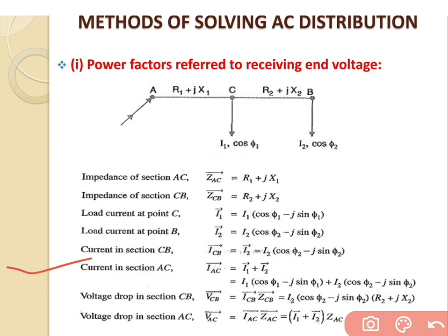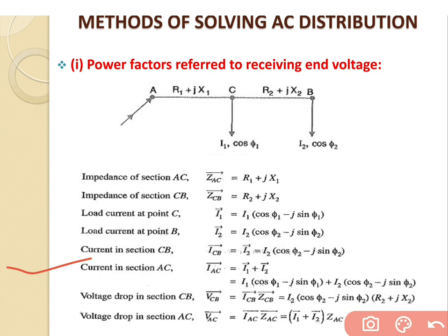Now we can go for the voltage drop in section CB. The voltage drop across the CB section is given by VCB. So VCB is equal to ICB into ZCB, which is considered as Ohm's law. If we go through a DC circuit, we can say VCB is equal to ICB into RCB only.